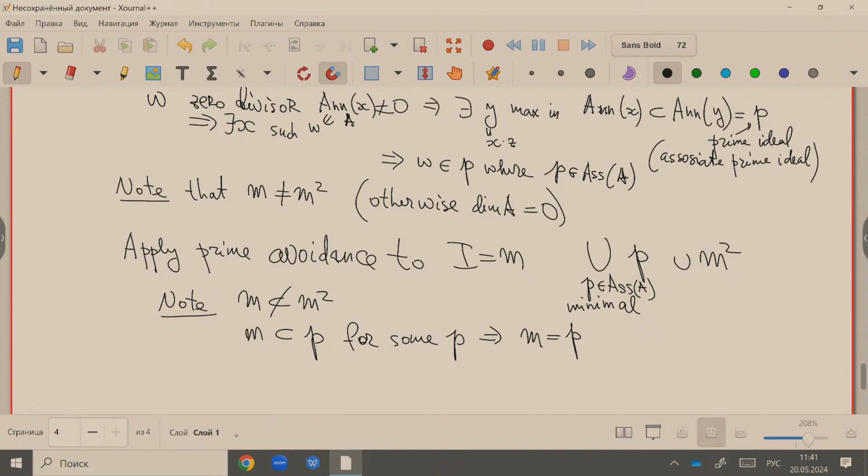So then if M is in P and P is minimal in the set of associated prime divisors, then this will imply that M is equal to P, and since P is minimal in associated prime divisors, P is a minimal prime containing 0.